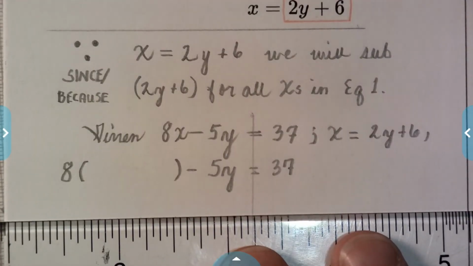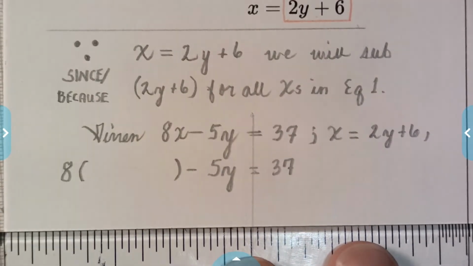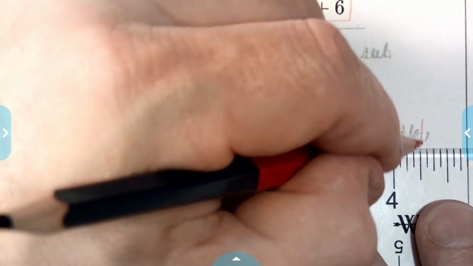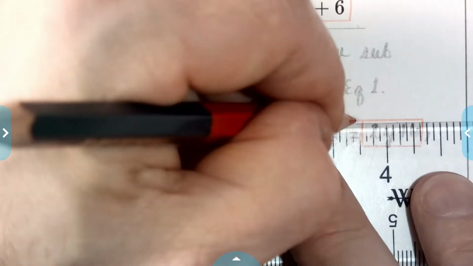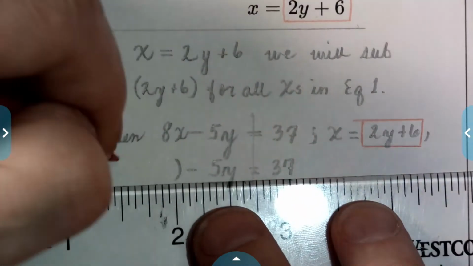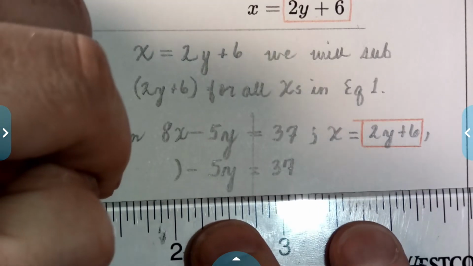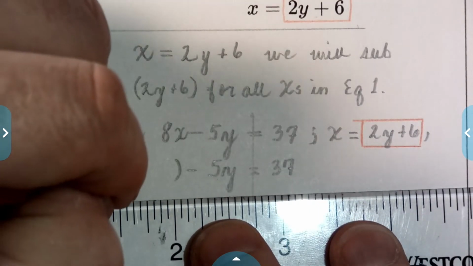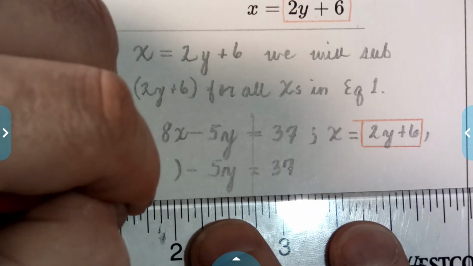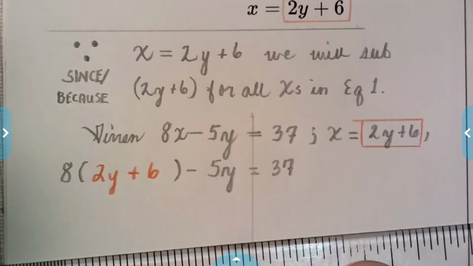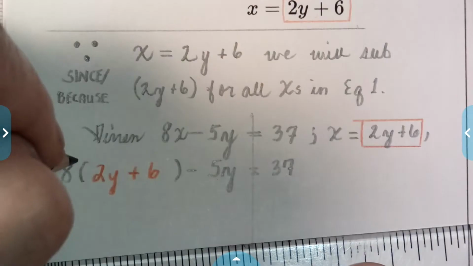Okay, now what goes in here? This goes in here. 2y plus 6. And now we can proceed like with the regular problem.